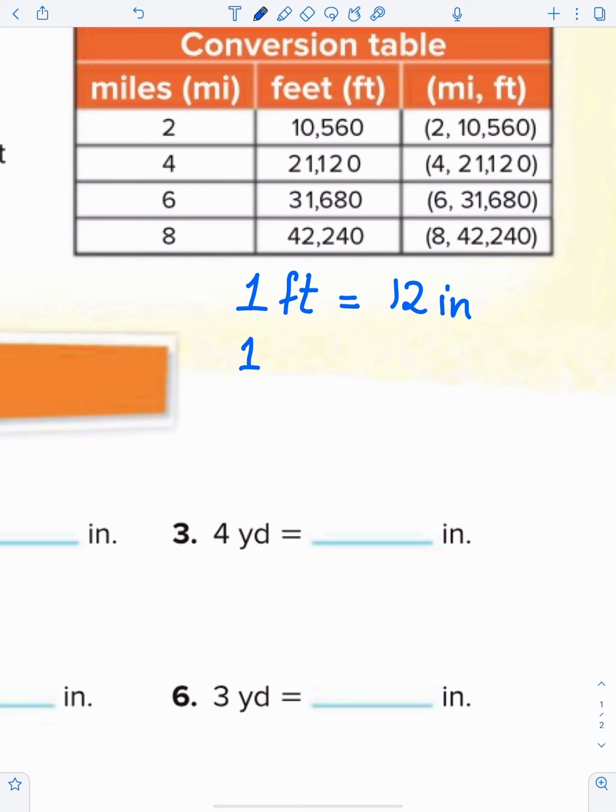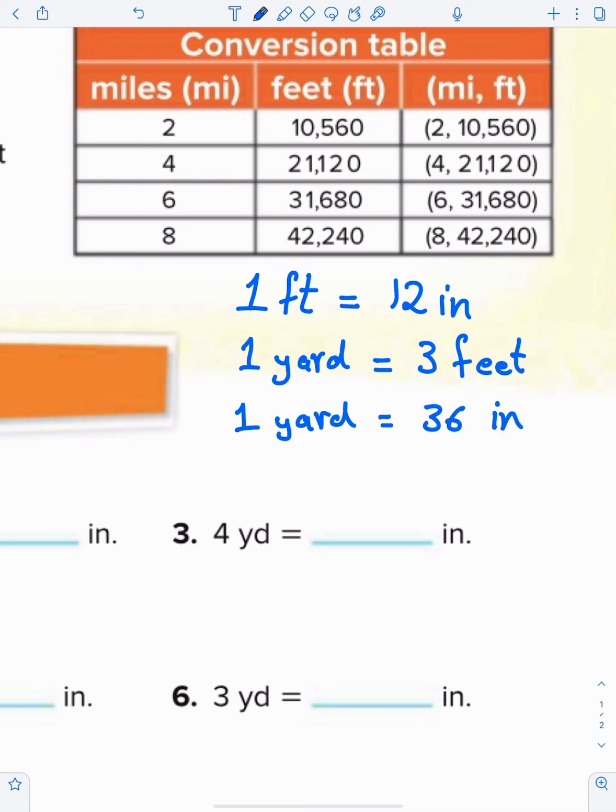1 yard is equal to 3 feet. And also, 1 yard is equal to 36 inches. And the last one is the 1 mile. This is the big unit.